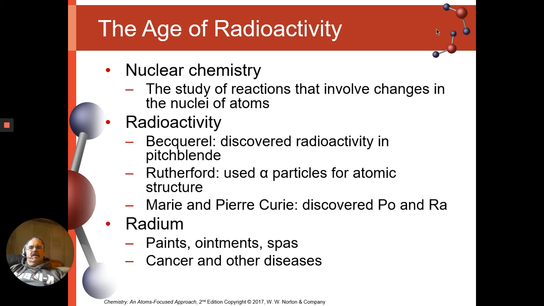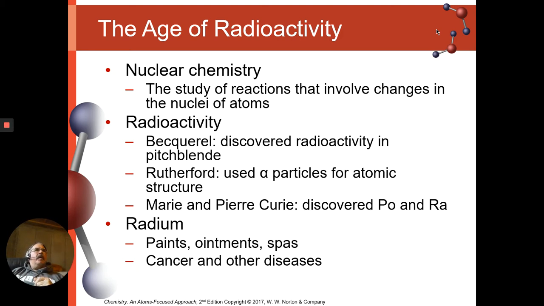Radioactivity was originally discovered back in 1896 in Paris. Henri Becquerel was doing some work with phosphorescence and an ore of uranium called pitchblende, and he exposed the ores to the sun, and then he looked at the light that was emitted.